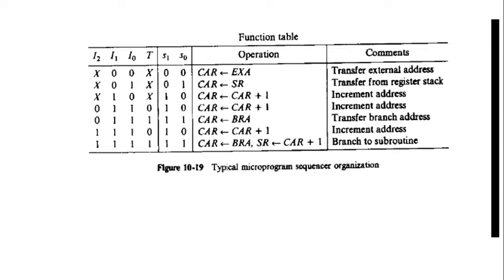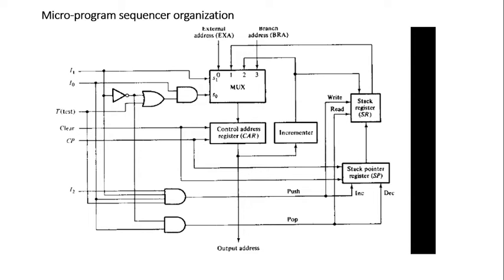Before moving to the operation function table explanation, just consider this also. What is the meaning of the first input of this multiplexer? The 0th input: if the selection pin values are S1 equal to 0 and S0 equal to 0, the multiplexer chooses the 0th input.